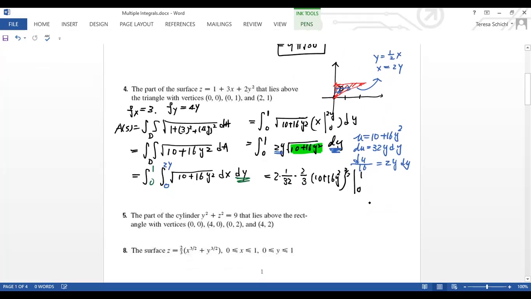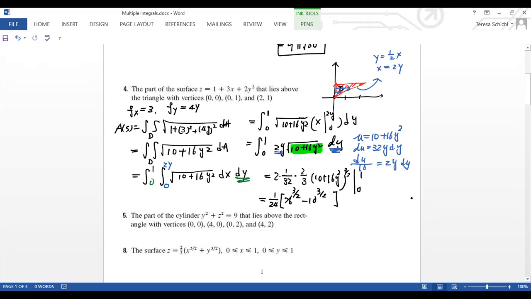So if you substitute and put it into the calculator, this will give you 1 over 24 times 26 to 3/2 minus 10 to 3/2. If you want, you can put in the calculator to get a decimal, but it's not necessary here.